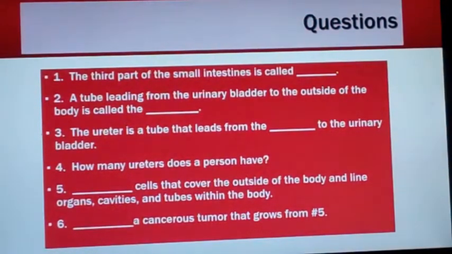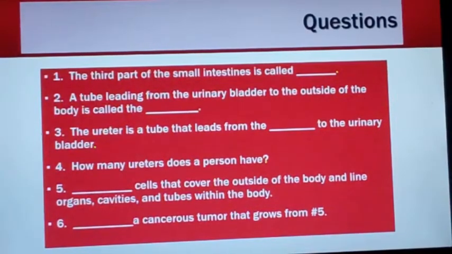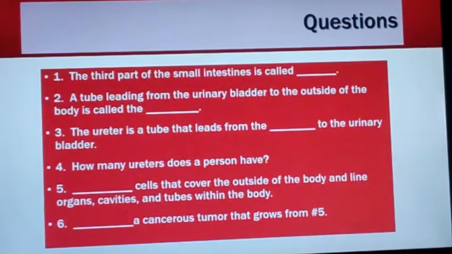Questions. Number 1. The third part of the small intestine is called blank. Number 2. A tube leading from the urinary bladder to the outside of the body is called the blank.